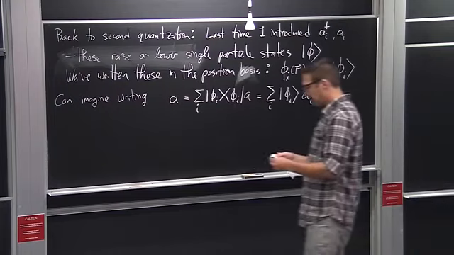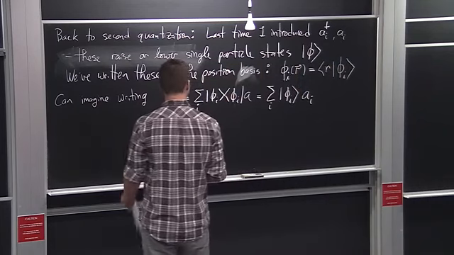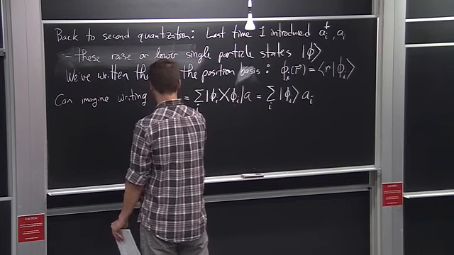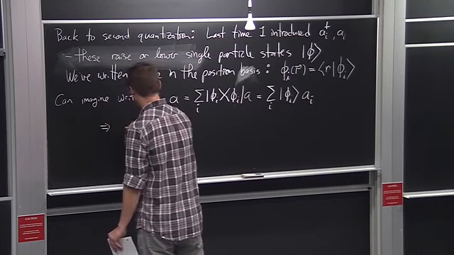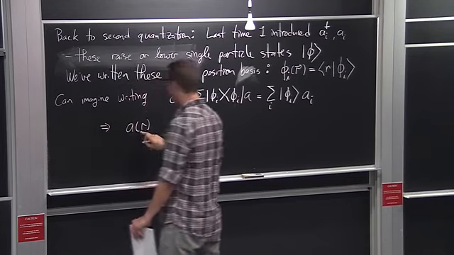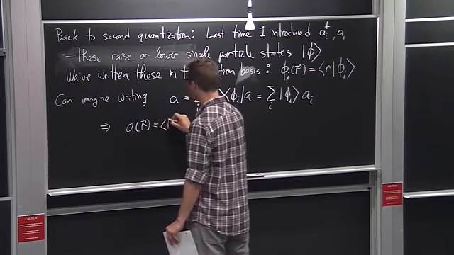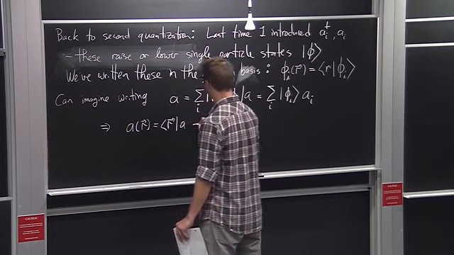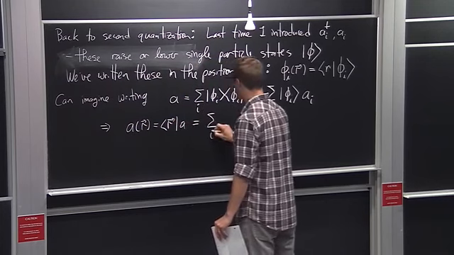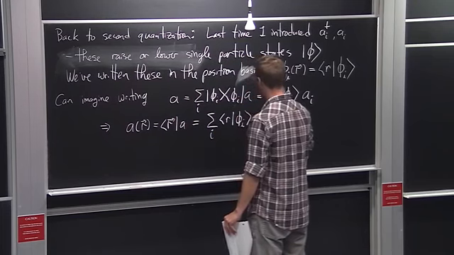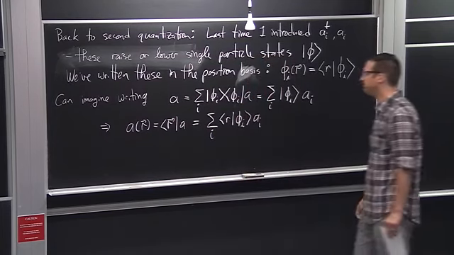But then I could change bases by defining the operator in position space, which you could think of as something like that, which would just be the sum over i of <R|phi_i> A_i.